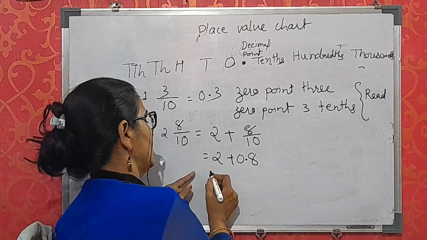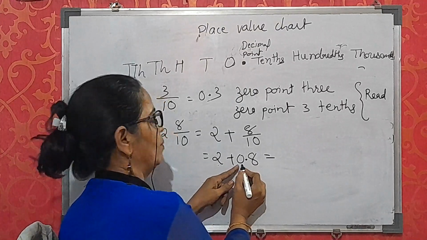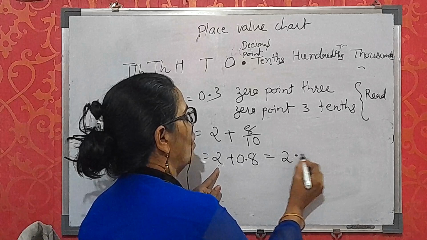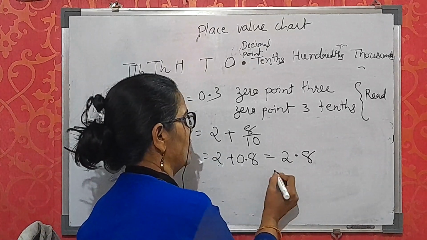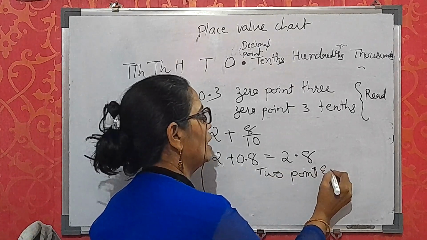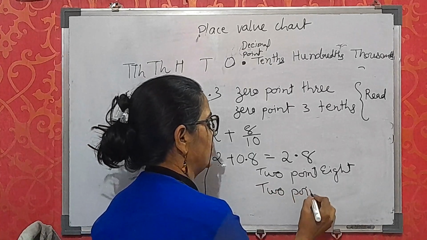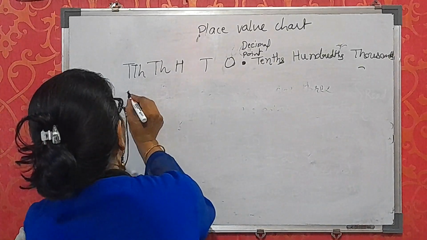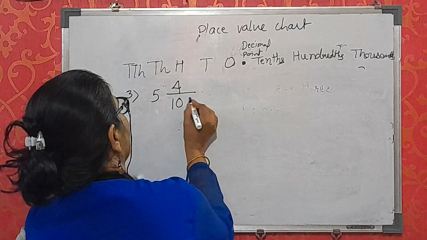If I am adding these, 2 is the whole number, here 0 is the whole number, 2 plus 0, 2.8. So I will read this decimal as 2.8 or else as 2 and 8 tenths.